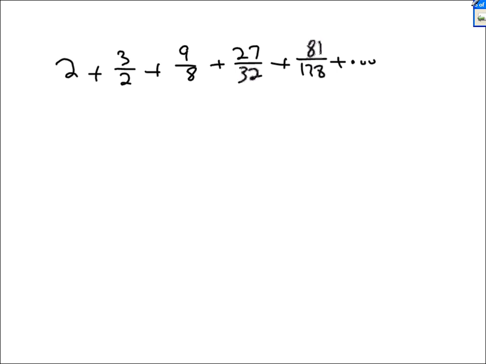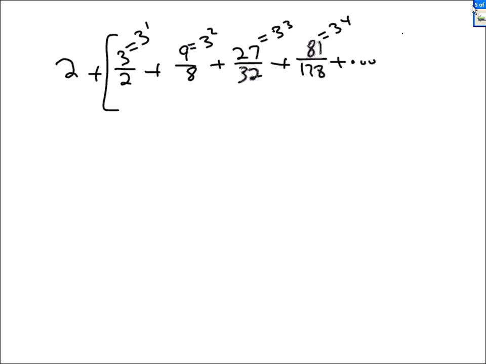Now, if the first few terms don't fit our pattern, that's not so terrible. Possibly the first term will fit our pattern, but let's look at it more carefully. This numerator is 3 to the 1, and then 3 to the 2, and then 3 to the 3, and then 3 to the 4.